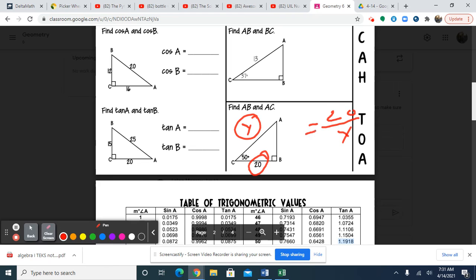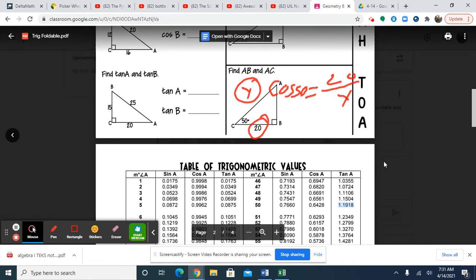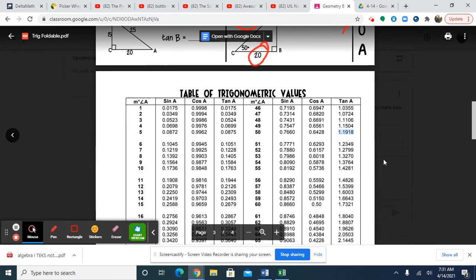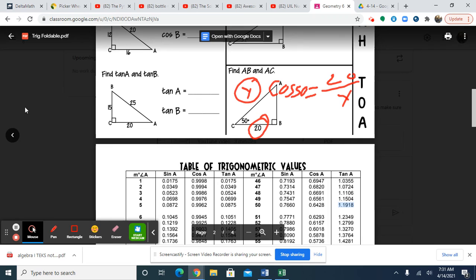So we have cosine of 50. This is the adjacent over the hypotenuse. So if we look at cosine of 50 being 0.6428, so 0.6428 is equal to 20 over y.